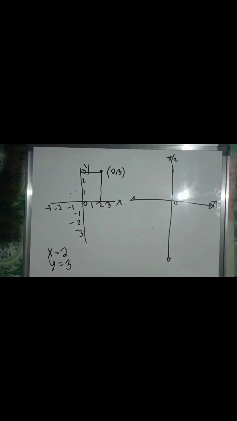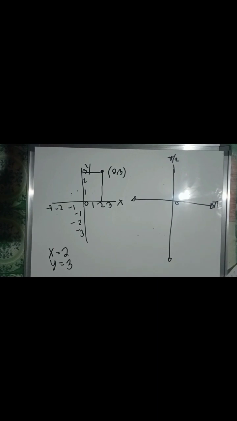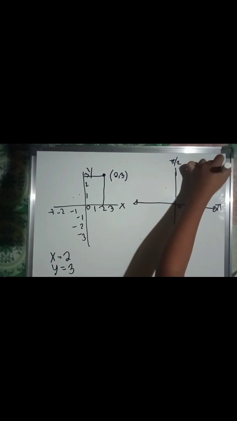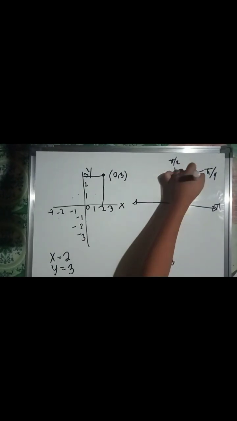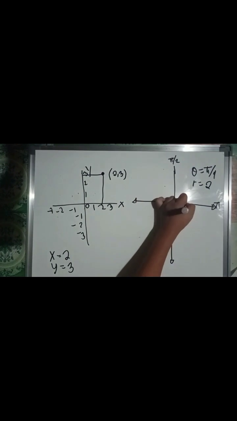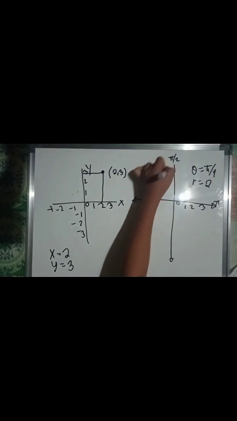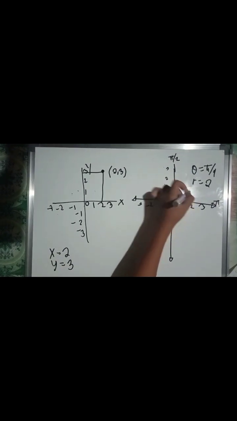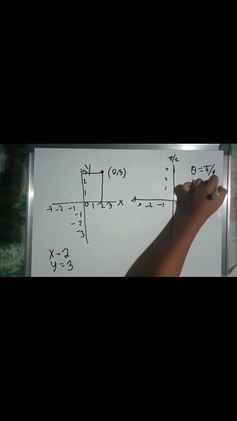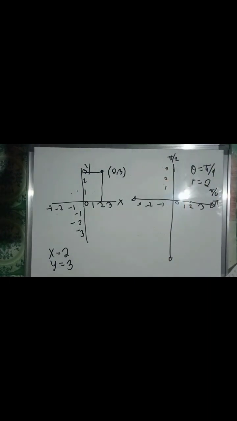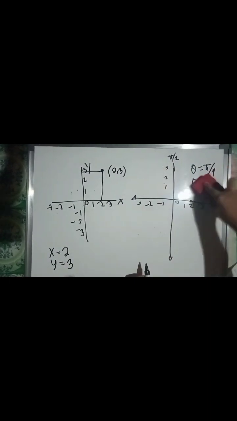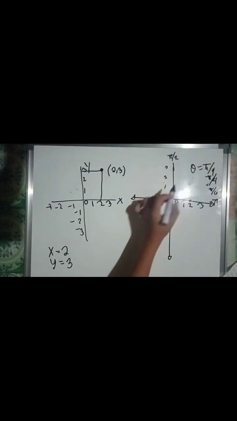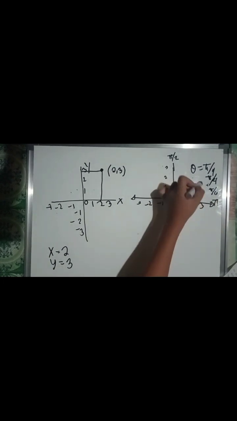So for example, if we have theta of pi over 4 and our radius is 2, plotting this would be like this. 2 for our radius, then this is for our angle theta. This is the pi over 4.